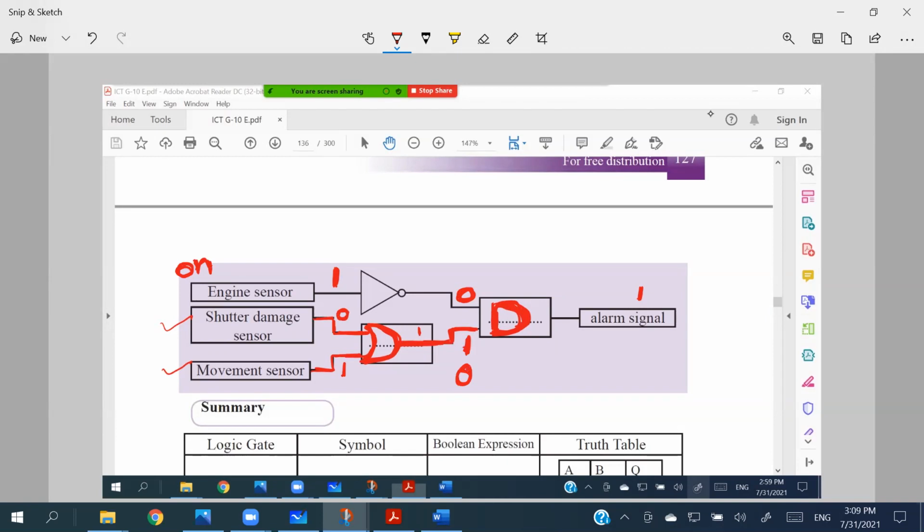If any one of these things happens, you will receive 1. If none of these things happen, you will receive a 0. Right? But that doesn't matter. If you receive a 0 over here, this output will always be 0. Ravindu, did you understand?